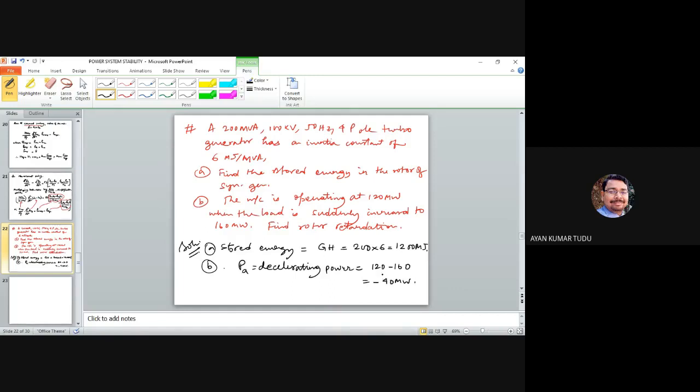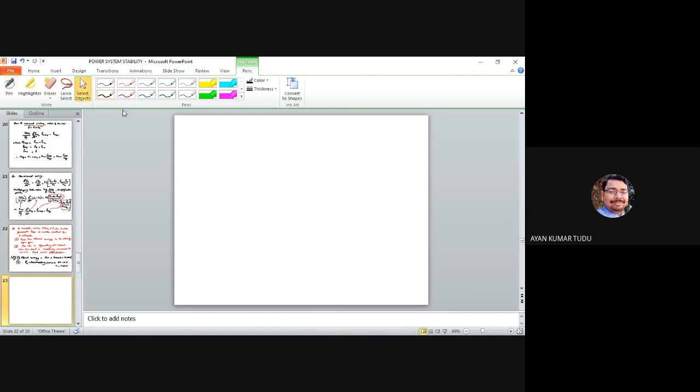What is our inertia constant then? We know that M equals GH by 180 F. GH is 1200, and F is 50, so M comes to 2 by 15 megajoule per electrical degree.